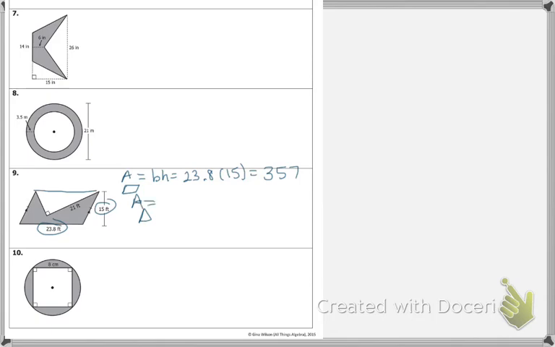But to figure out this area right here, I need to know this piece. I'm given this side, and I'm given that side, because it's the same as the one on the bottom.